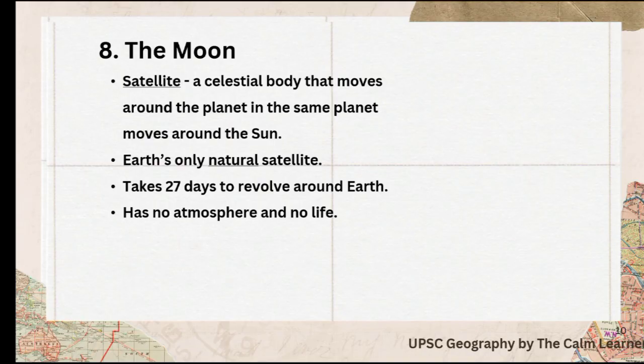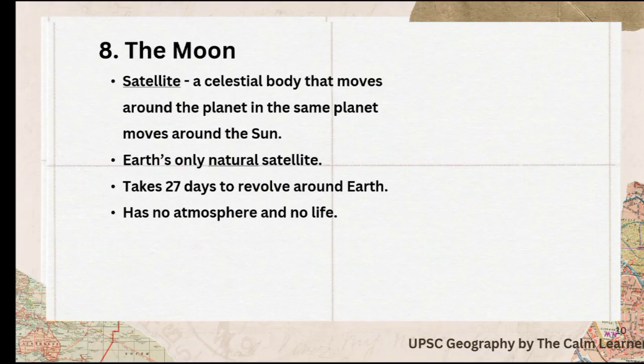A natural satellite is a naturally occurring celestial body that revolves around a planet. An artificial satellite is a man-made object that is intentionally placed in orbit around the Earth or another planet. It is used for communication, weather forecasting, navigation, defense, research, etc.